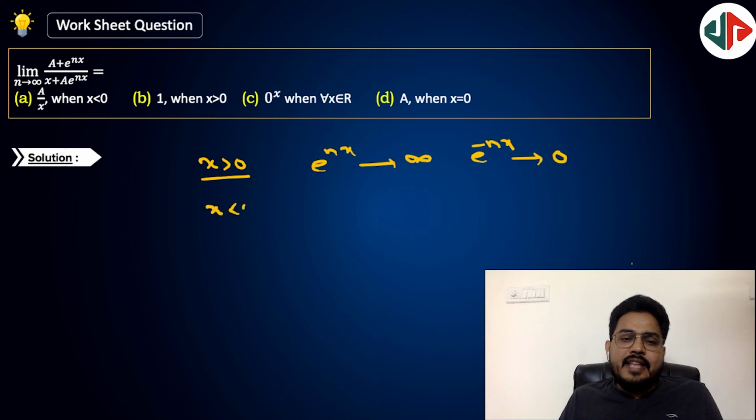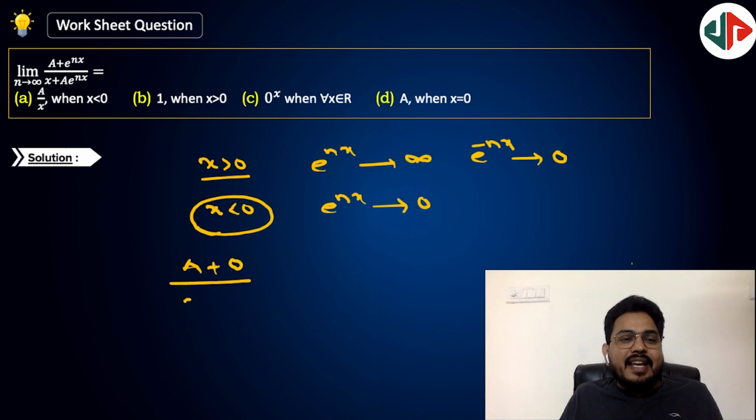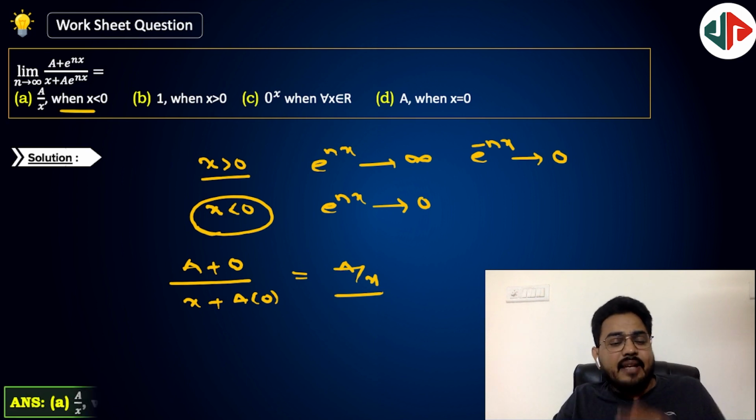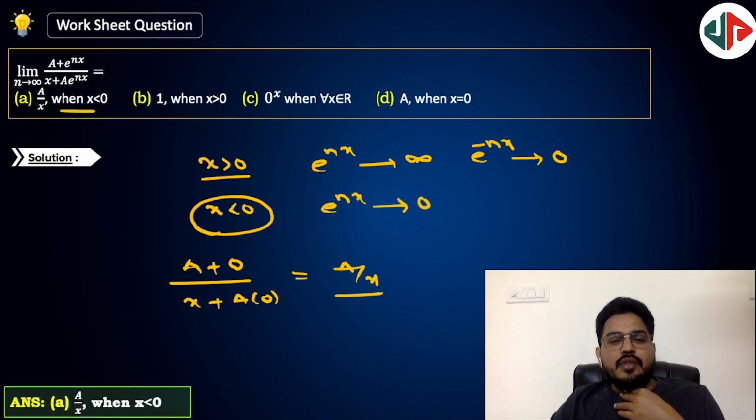X is less than 0, e power nx goes to 0. So if x is less than 0, this value is a plus 0 by x plus a into 0. So answer will be equal to a by x if x is less than 0. Because e is a value greater than 1, this is the condition we have to apply.